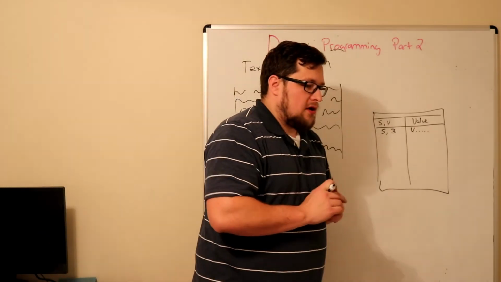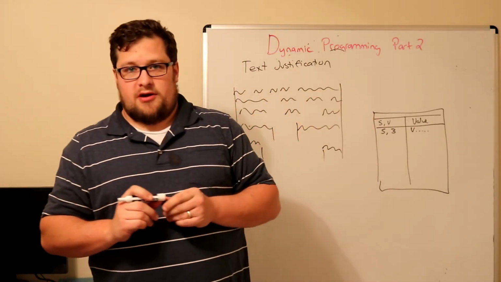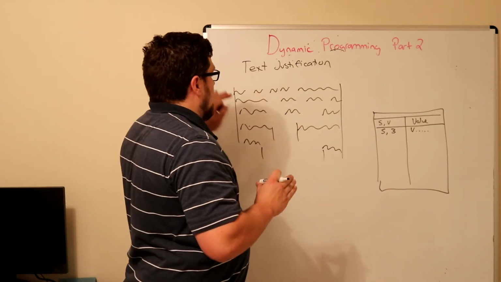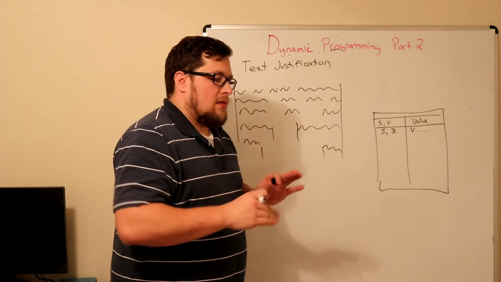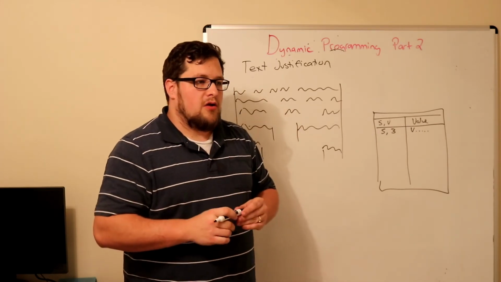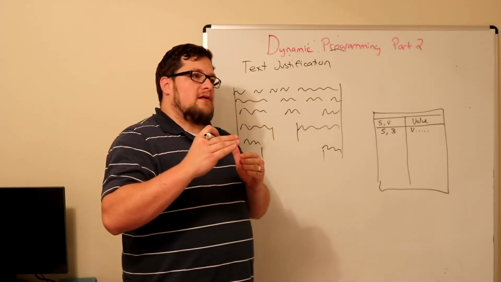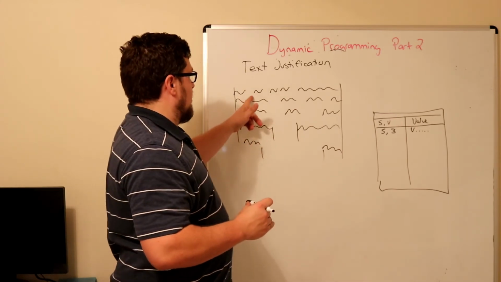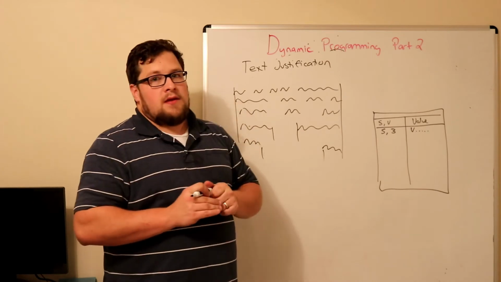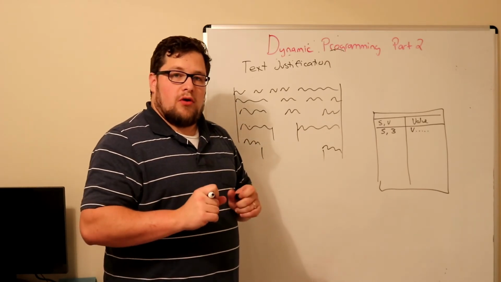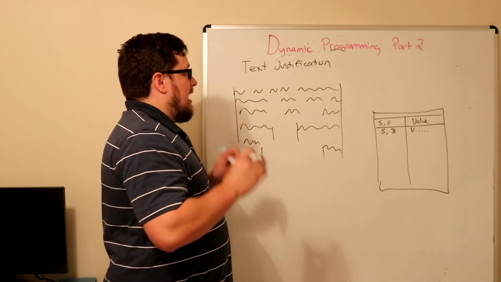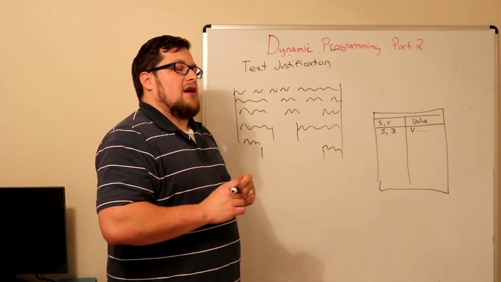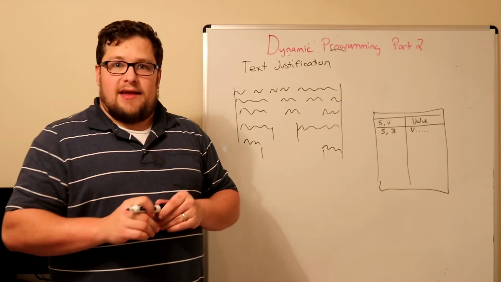So let's start thinking about what the subproblems are. Let's just talk through the scenario here. What are we looking for, right? We are looking for optimal placement on every row. We're not looking at just a single row. We want optimal, and the word they use is actually, we want to optimize badness.